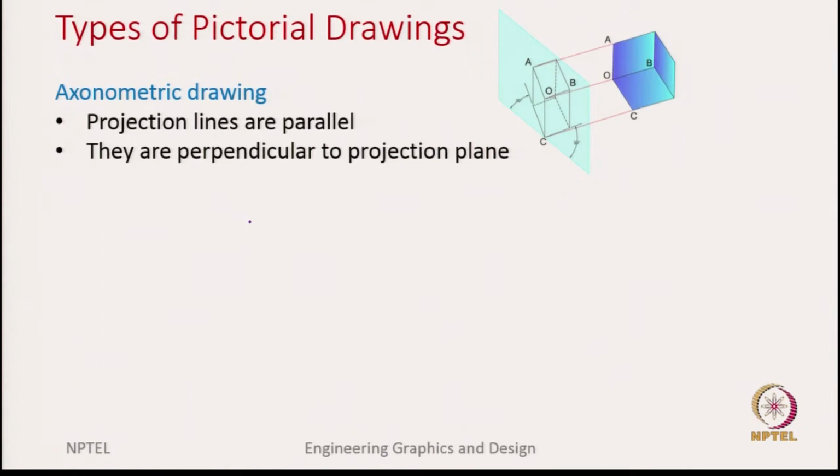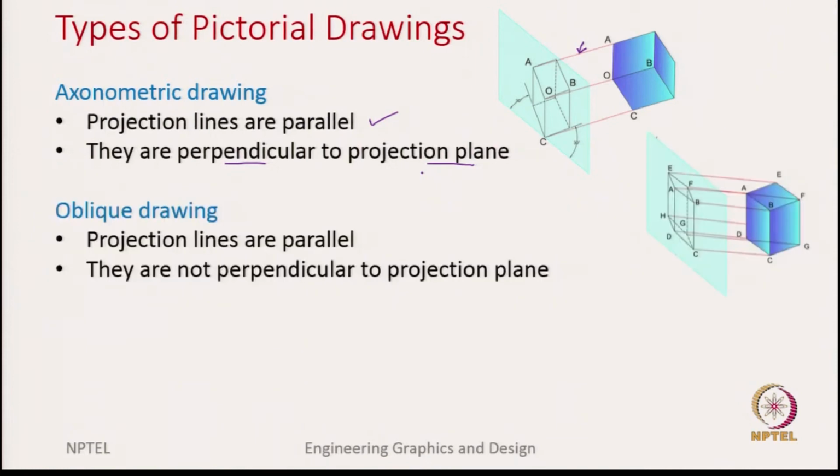For example, in this picture we see these red lines are the projection lines and they are all parallel. They are not just parallel, but they also intersect the projection plane at 90 degrees, or they are perpendicular to the projection plane. We will see later that there are 3 different kinds of axonometric drawings.